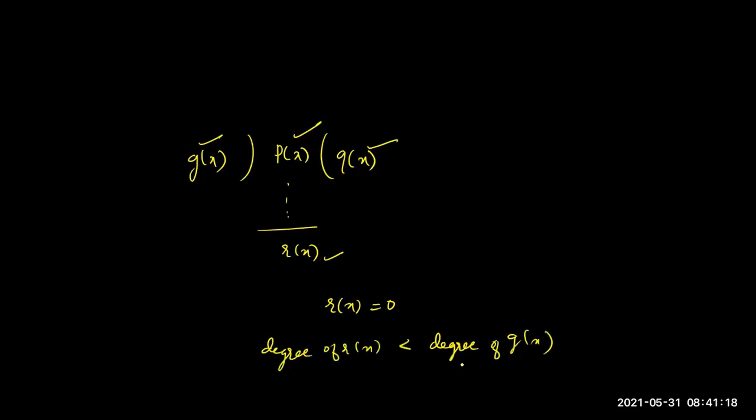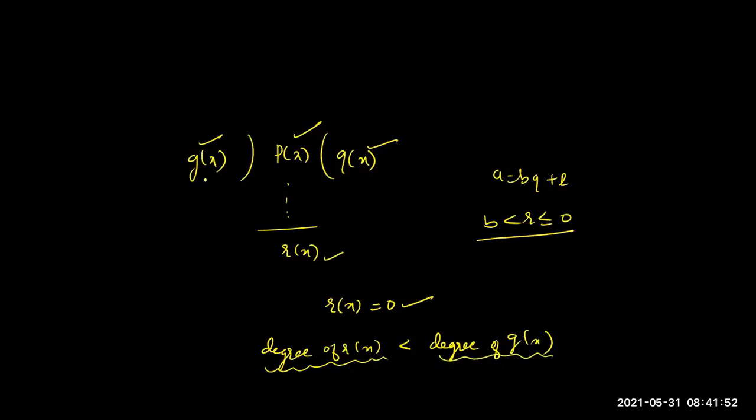There we checked A is equal to BQ plus R, and we checked R is greater than or equal to 0 but less than B. But here R is equal to 0, or the degree of R of x is smaller than the degree of G of x.